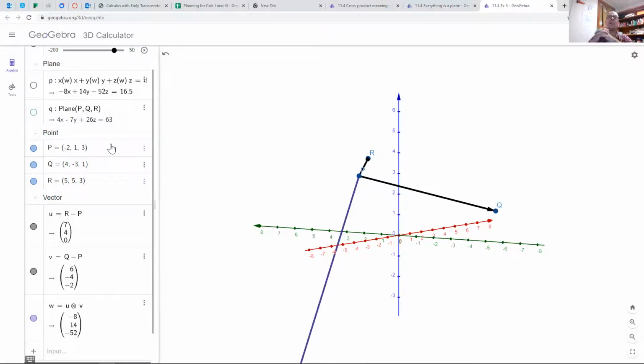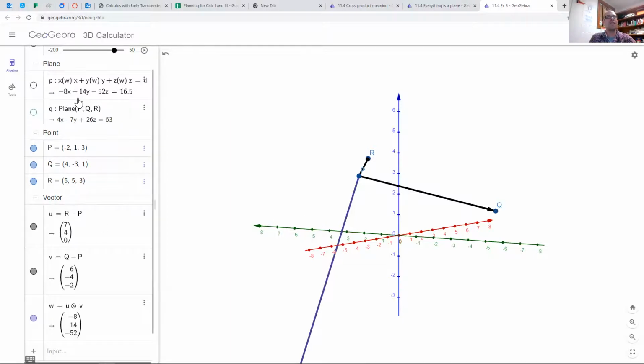Hopefully I show this to you. Well, actually I'll show it to you tomorrow for a homework day. Hopefully we've discussed that planes are the solutions to dot product equations. And if we haven't yet, we need to do that soon.